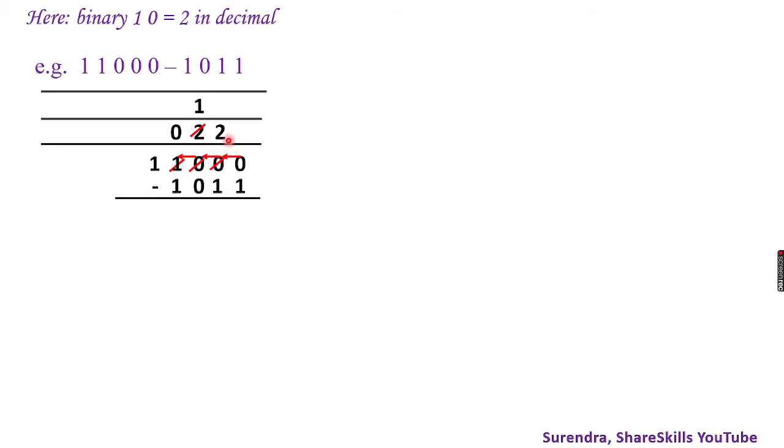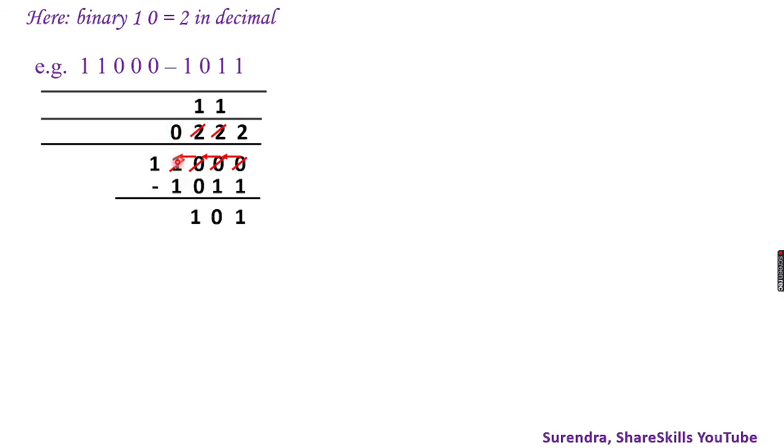This 2 again becomes 1 and lends to the next number, making its 0 a 2. Now you can subtract: 2 minus 1 is 1, 1 minus 1 is 0, and here 1 minus 0 is 1.